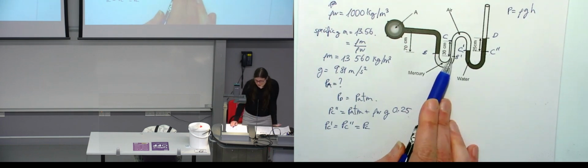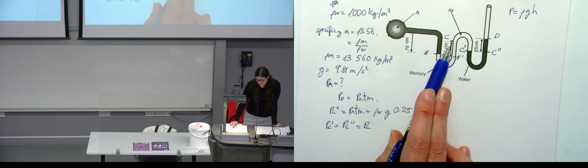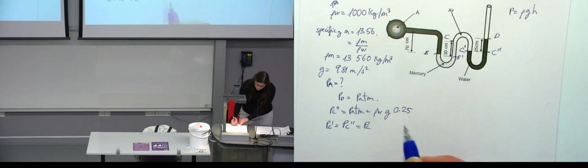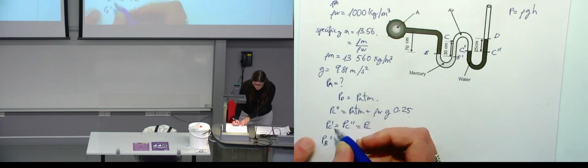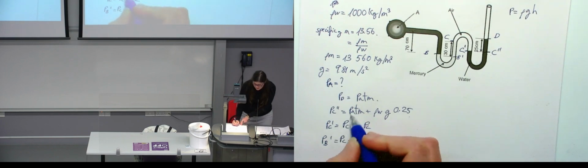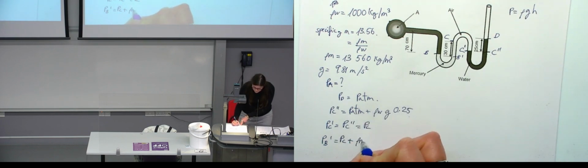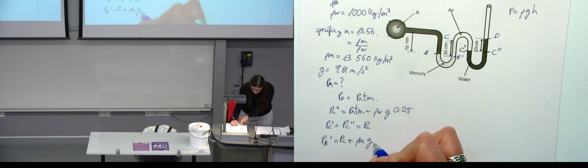But then we get to B prime, and B prime has a column of mercury on top of it. So the pressure at B prime would be the pressure at C plus the density of mercury multiplied by gravity multiplied by this distance.